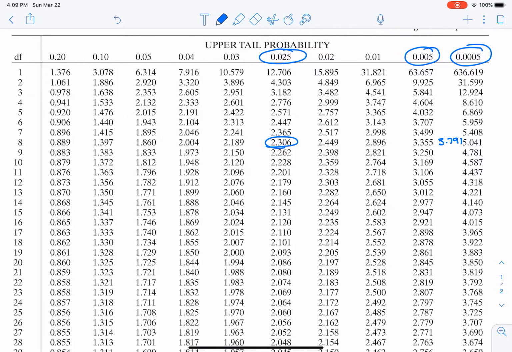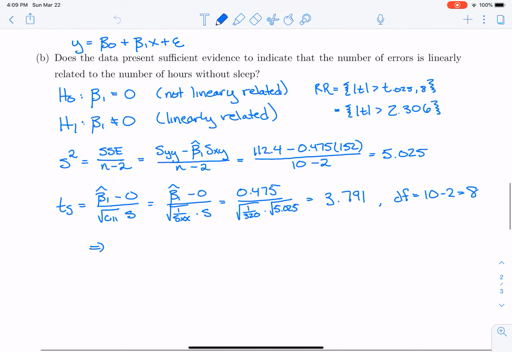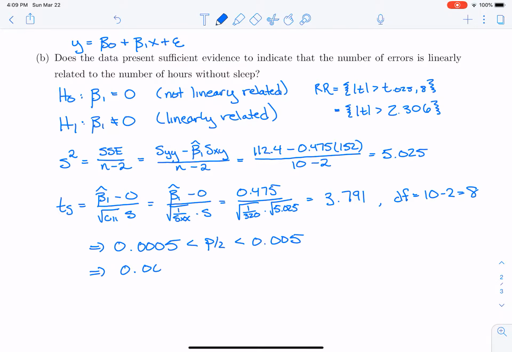And so my p-value I can bracket as being 0.0005 is less than p over 2, which is less than 0.005. That tells me that p is actually between 0.001 and 0.01.